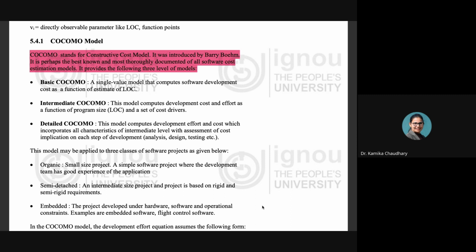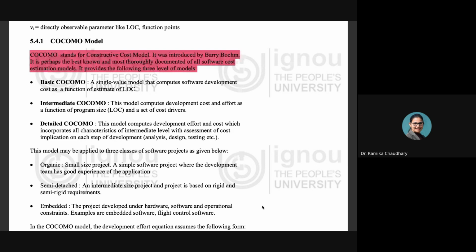Now, in the case of the detailed COCOMO model, this model computes the development effort and the cost, which incorporates all the characteristics of the intermediate level with assessment of the cost implication on each step of the development: analysis, design, and testing. In the detailed COCOMO model, an estimate of the cost is made by considering the development steps of the software development model.